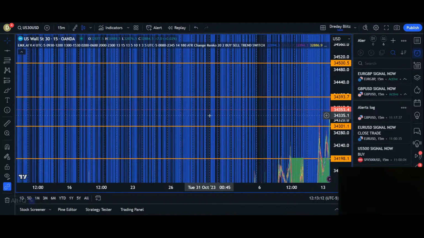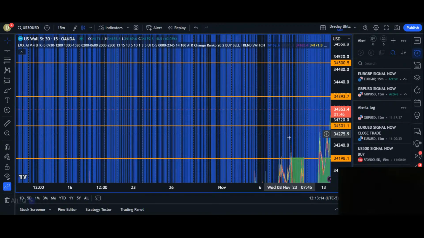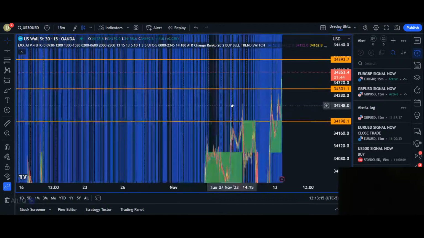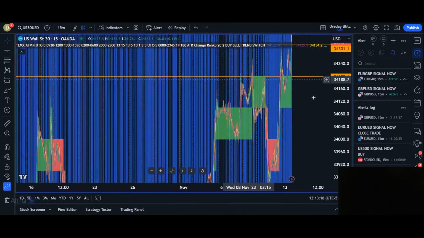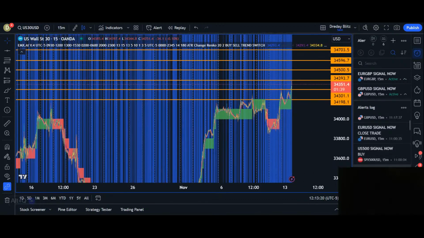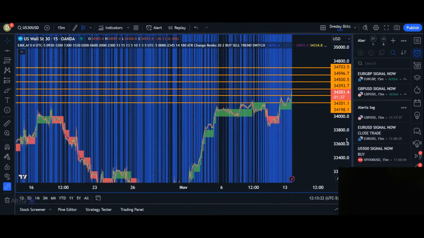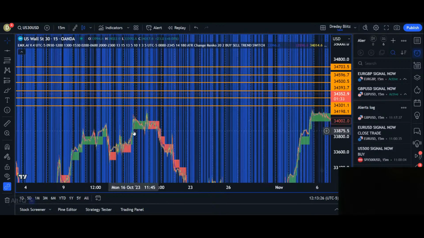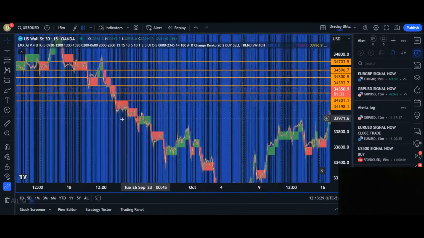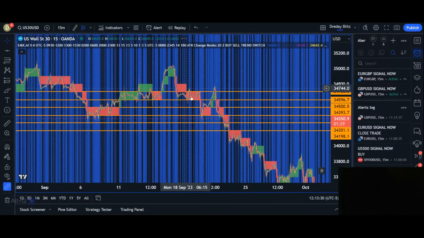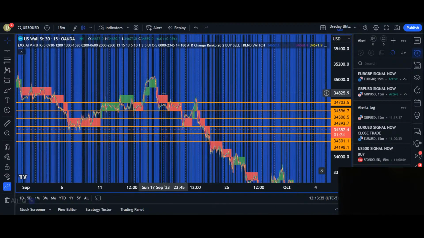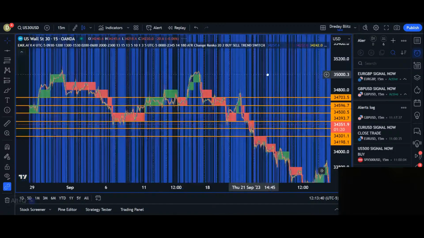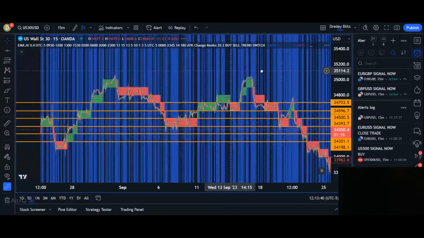Like I said, if you look at the previous Renkos, like I plotted here, this is the last time that the price went there. Those are ranges, so you know that we should expect to have the price go there.